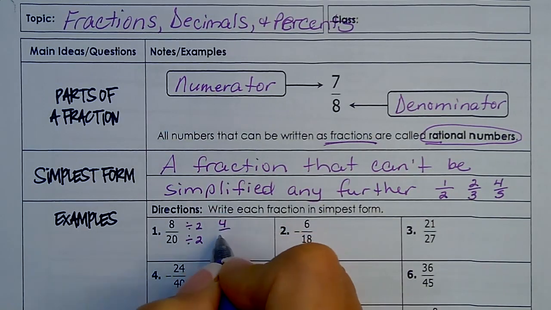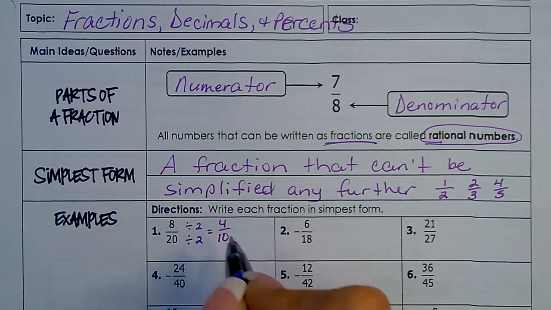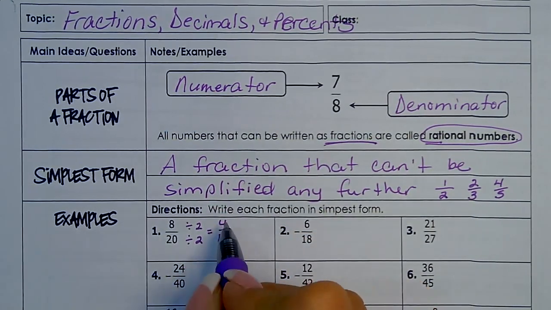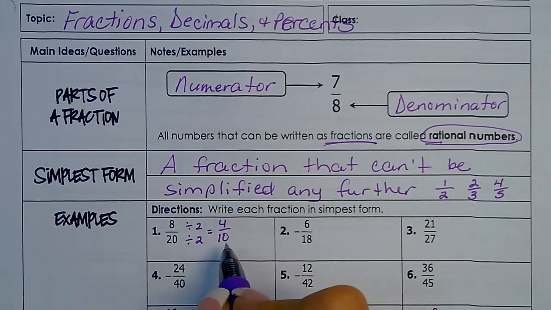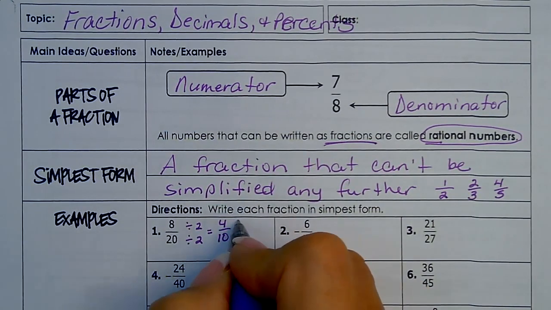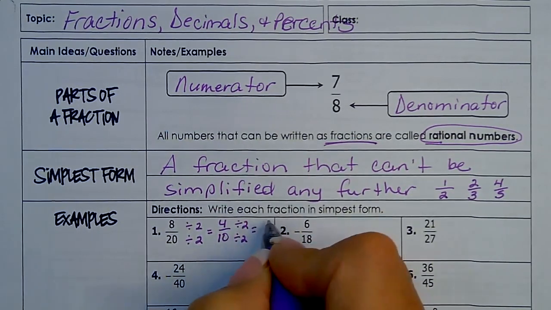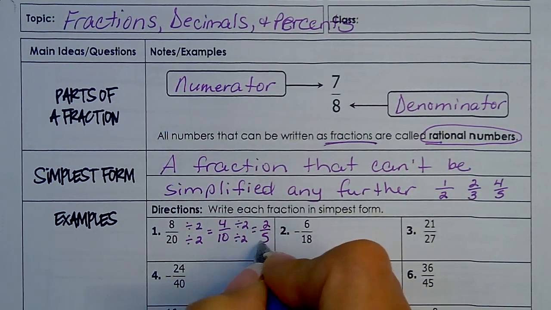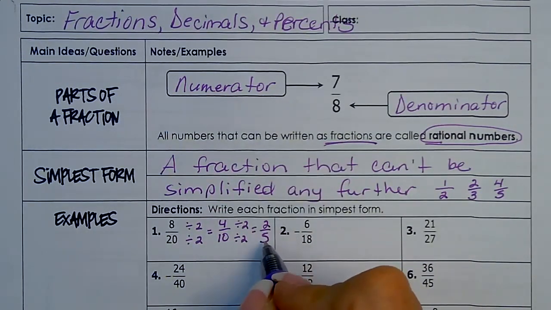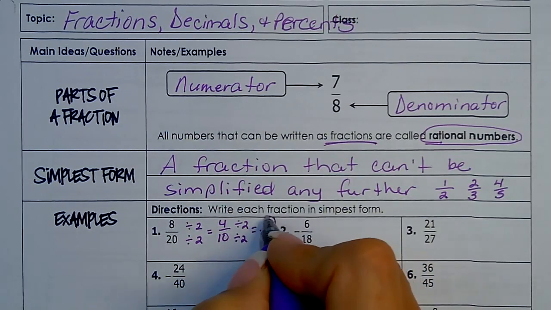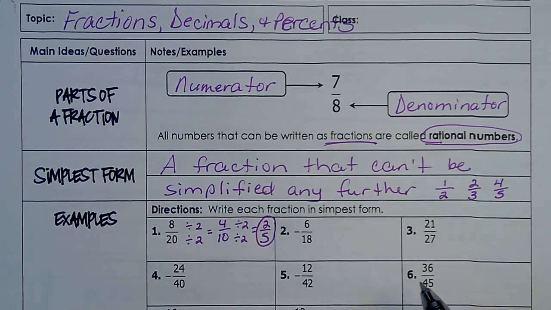And I get 4/10. All right, well, I still have 2 even numbers. So I know again, I can at least divide by 2. I get 2/5. 2/5 is simplest form. They don't have any common factor besides 1.